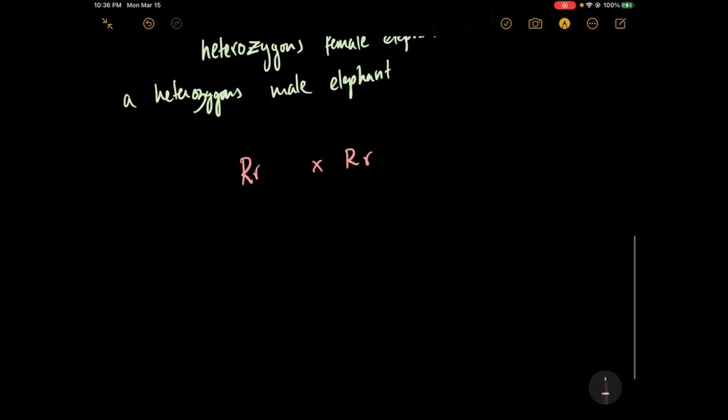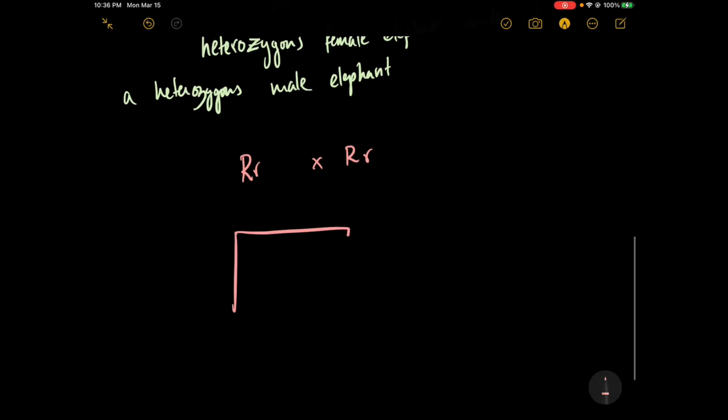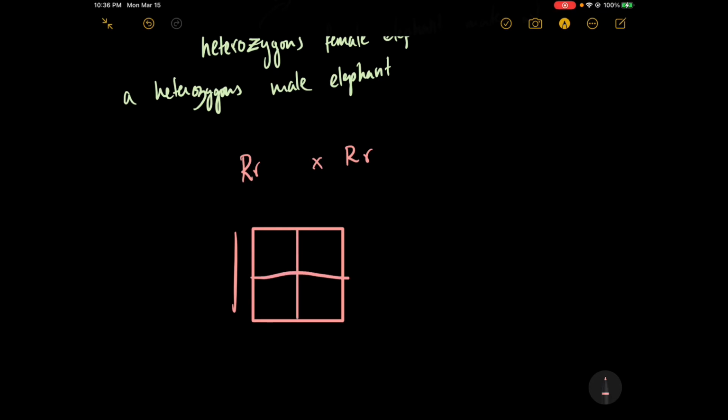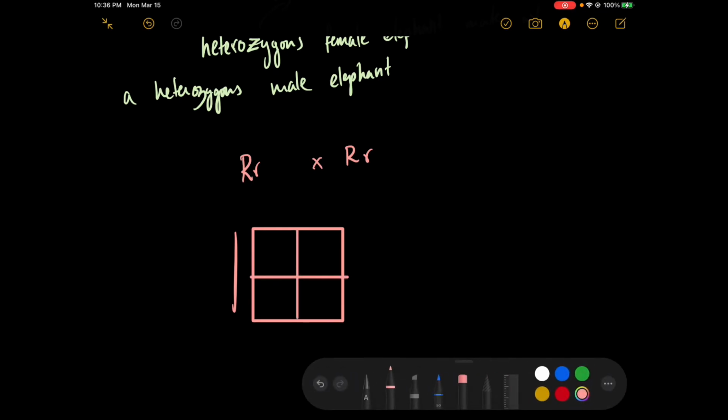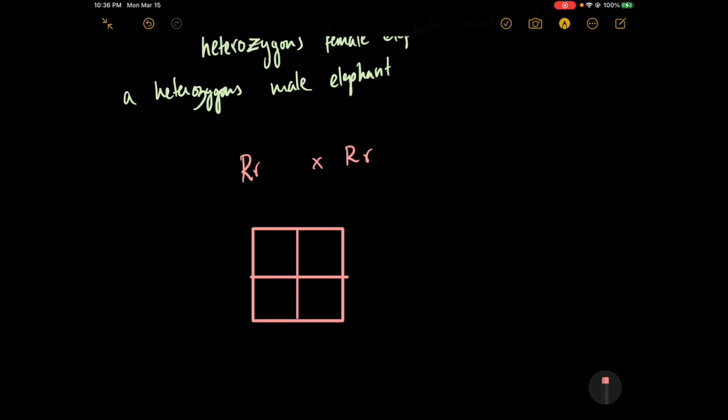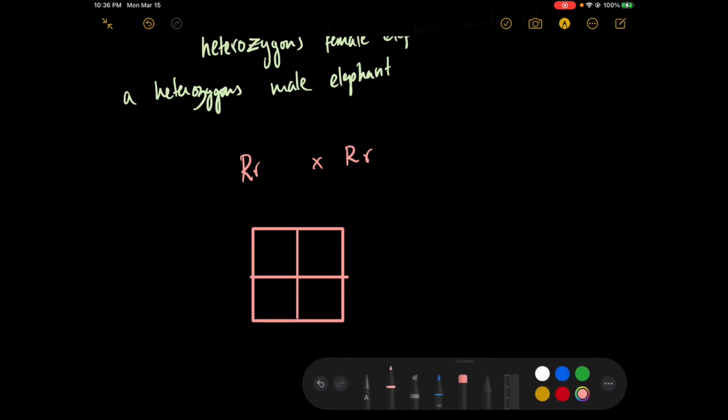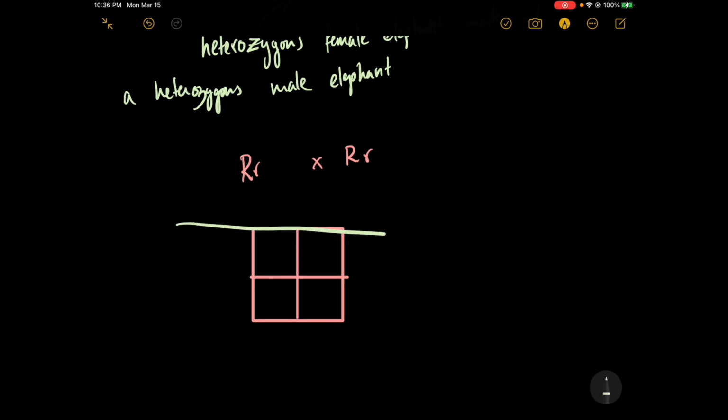Whenever we do a Punnett square, you always want to write down both alleles on both sides. So let's say that this is your father's side on the top, or the male. In that case, the left rows are going to be labeled with the mother, or the female.